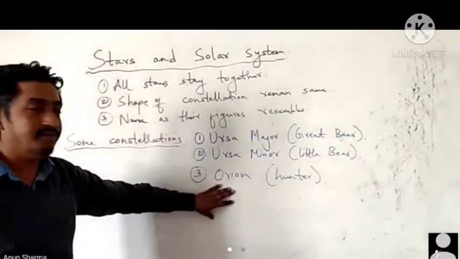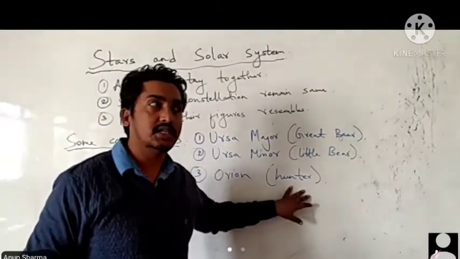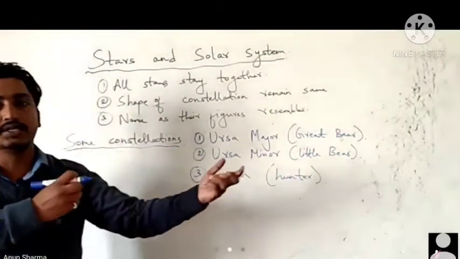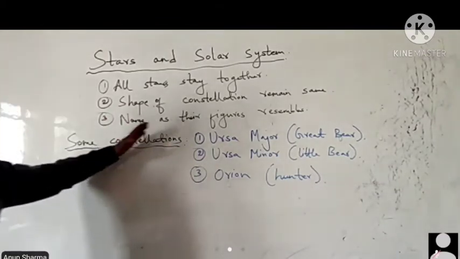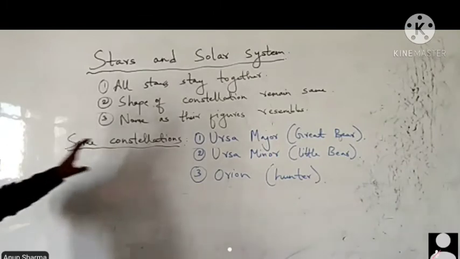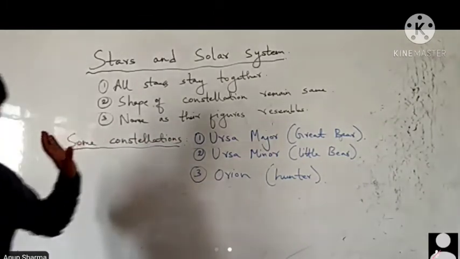Then Orion resembles a hunter. Hunter means a person hunting in the wild or in the forest. We are not going to talk about them one by one, so you only must remember the points.